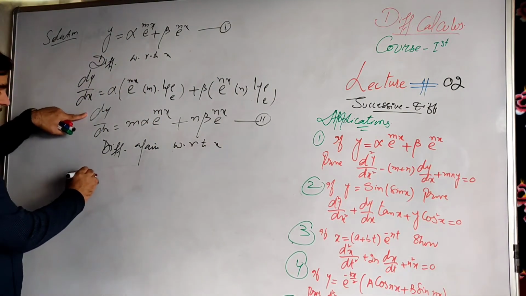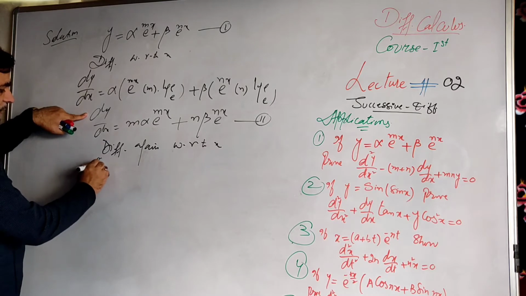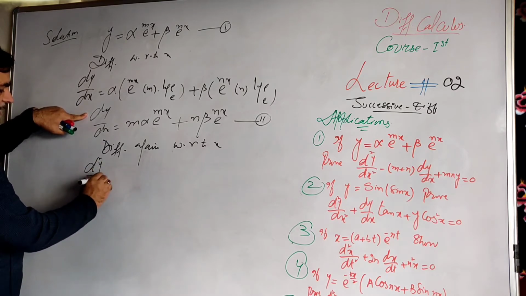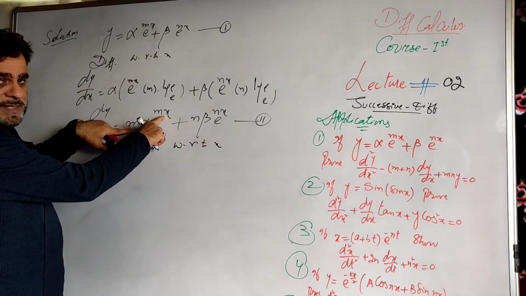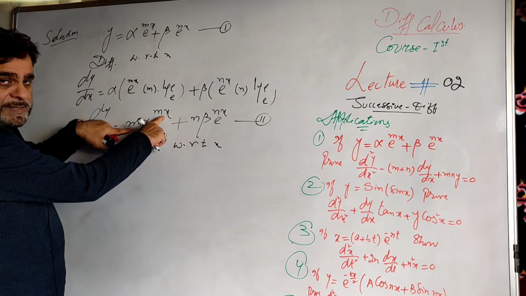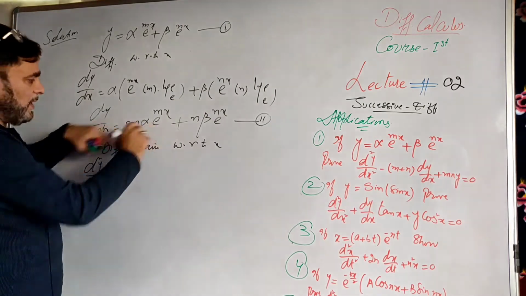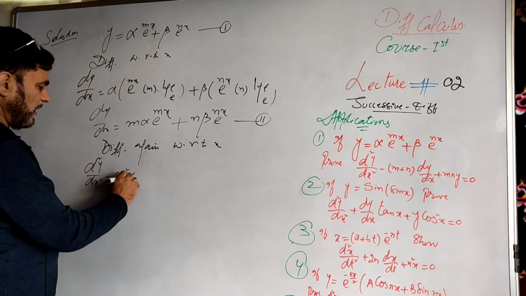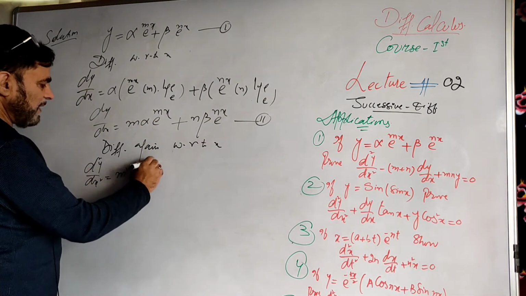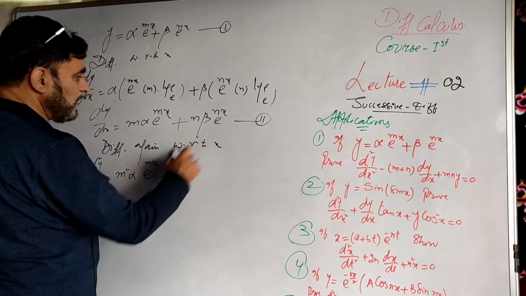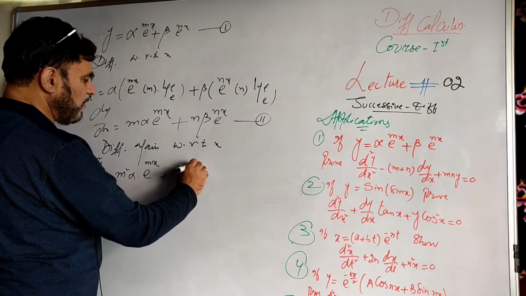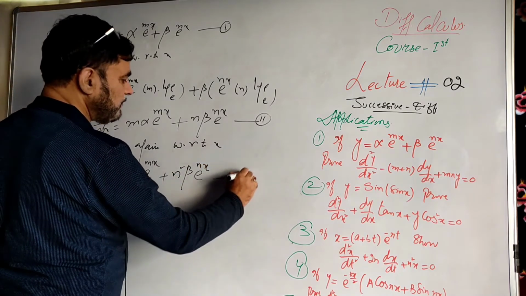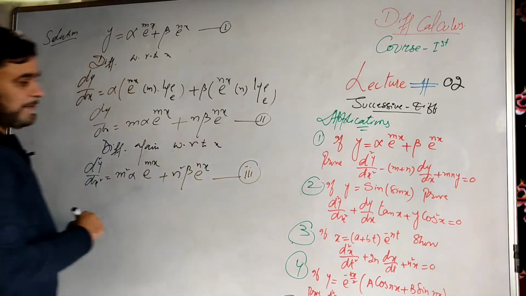When you differentiate this, what is it? d2y by dx square is equal to, similarly, alpha is constant, the derivative of e raised to power mx is e raised to power mx as it is, times the differentiation of the power, that is m, log of e to the base e is 1. So I will write it as m square alpha e raised to power mx. Clear? Similarly, the derivative of this is n square beta e raised to power nx. This is my equation third.